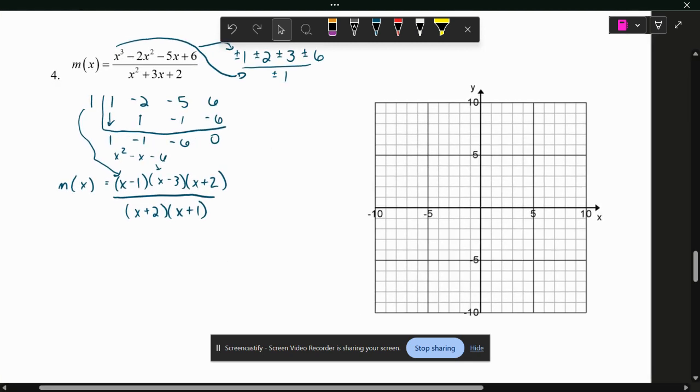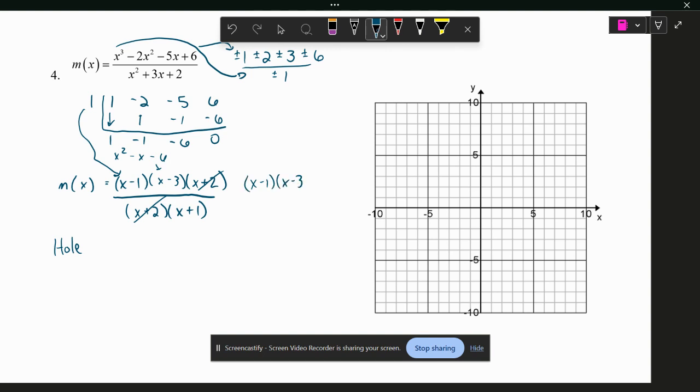All right, so first up, a hole. Okay, if I simplified this out, I would end up with x minus 1 times x minus 3 over x plus 1. So my hole is at negative 2. And then if I plug negative 2 into this equation, I have negative 2 minus 1, so negative 3. Negative 2 minus 3 is negative 5.